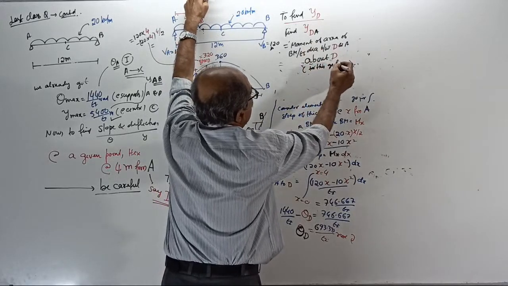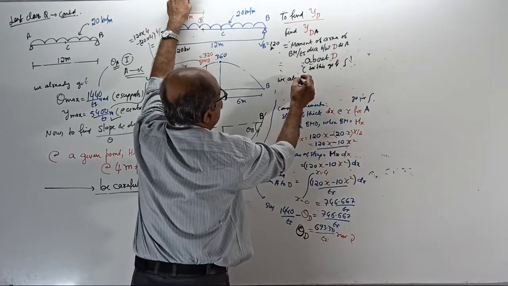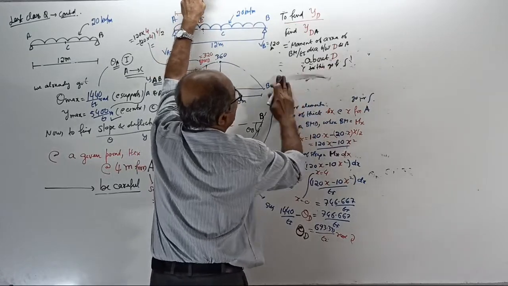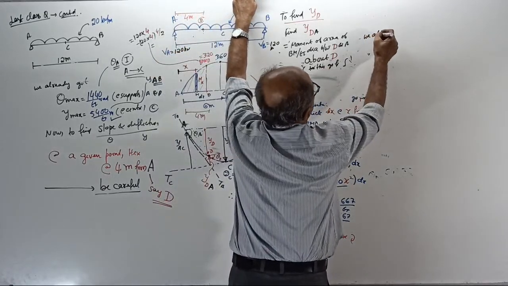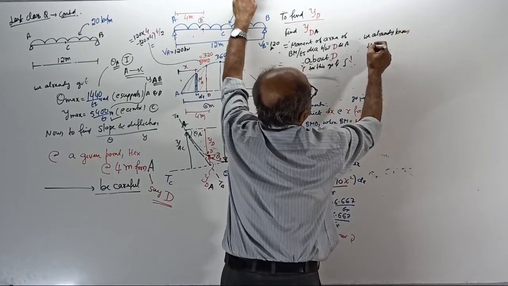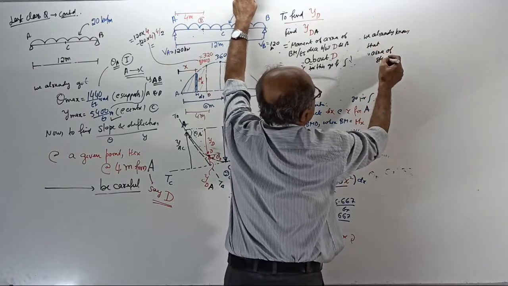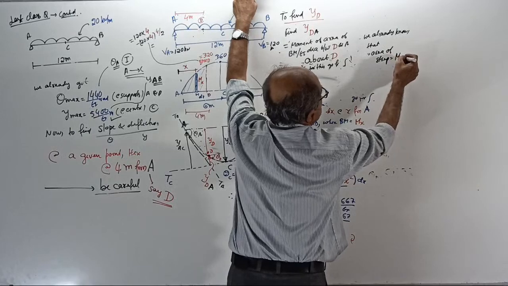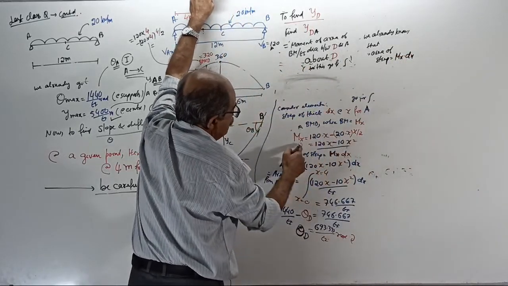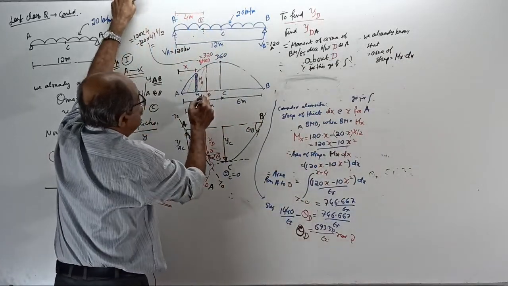Again, for this, go for integration. See, we already know that the area of the strip is mx into dx.